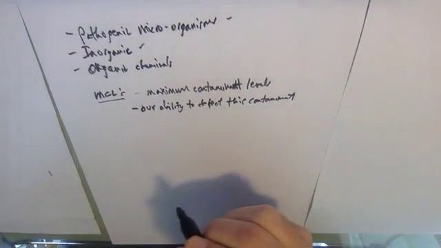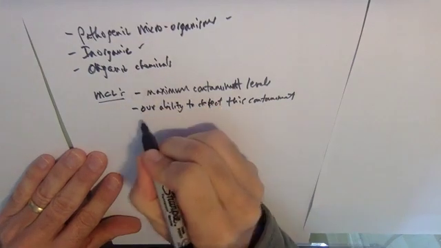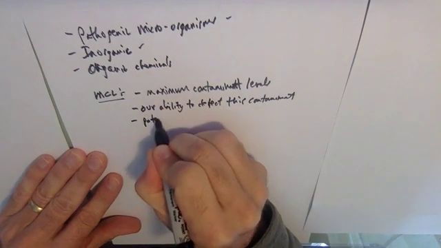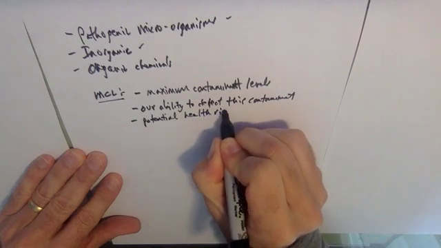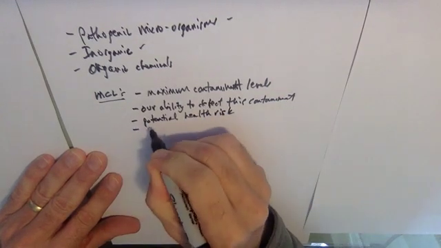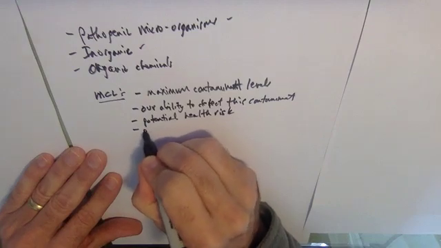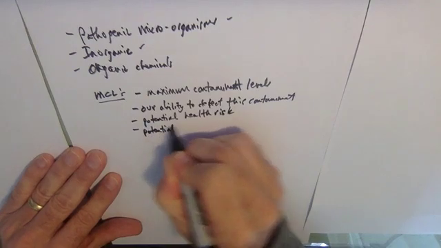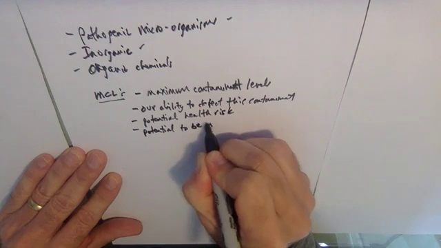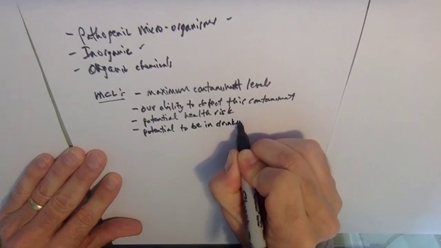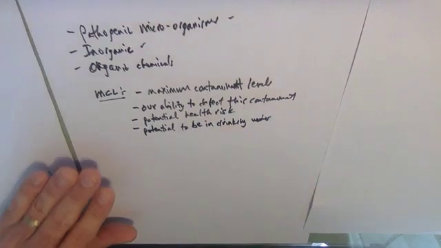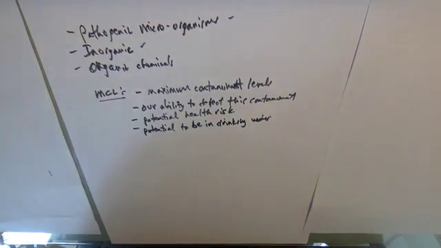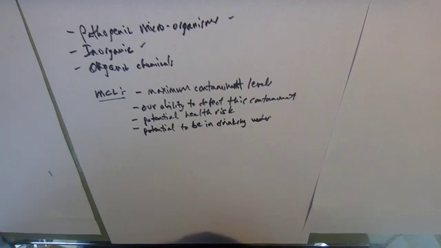Another is its potential health risk. And the third is its potential to be in drinking water. So all those considerations go into defining maximum contaminant levels, and I'll give you a list of some of those coming up.